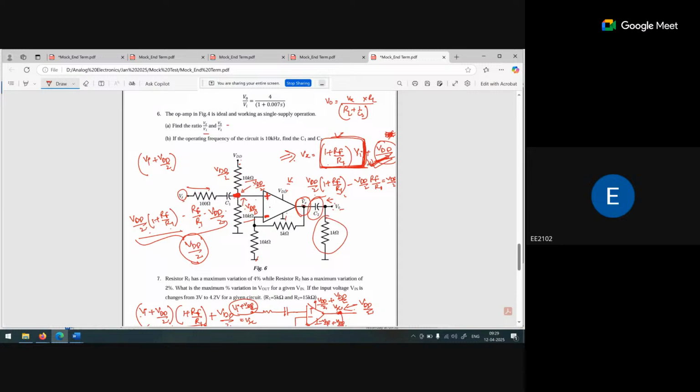If Vx is the input voltage, then the drop across the 1 kilo ohm is Vx into RL upon RL plus 1 by CS. Vx you already calculated, so put the value of Vx from the first part and you can calculate the V naught upon Vi.